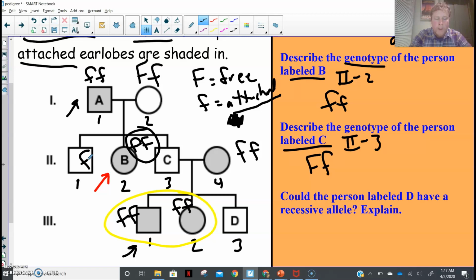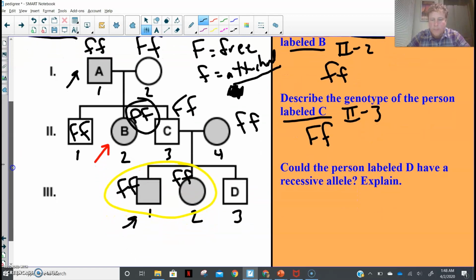Well, what characteristic are they? They don't have the trait, so they're unshaded. So it's a big F. Person 2-3, letter C. Well, we already figured out what C is. Big F, little f, because they got one from dad, 1-1, and one from mom, 1-2.